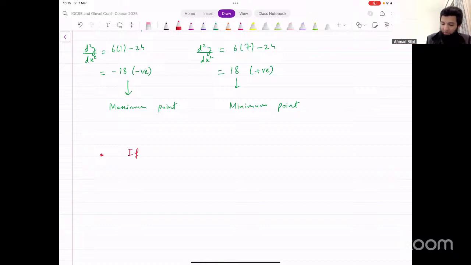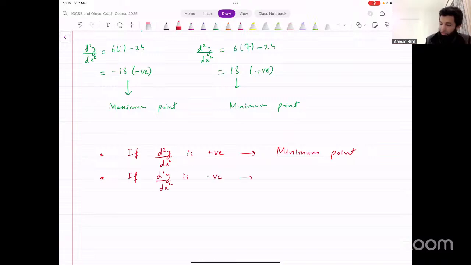If the second derivative is positive, the point that you have is a minimum point. And if the second derivative is negative, the point that you have is going to be a maximum point.